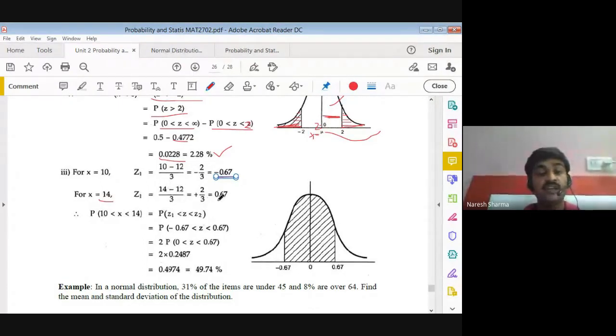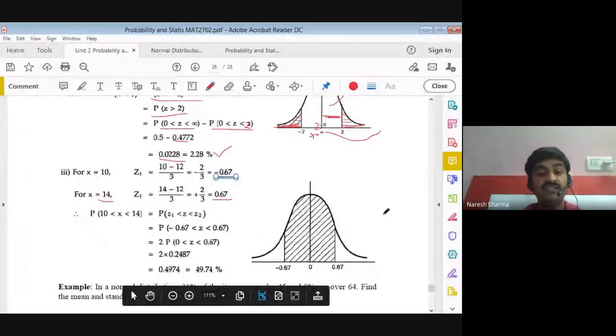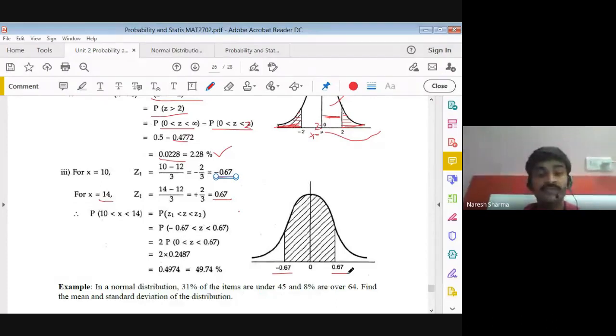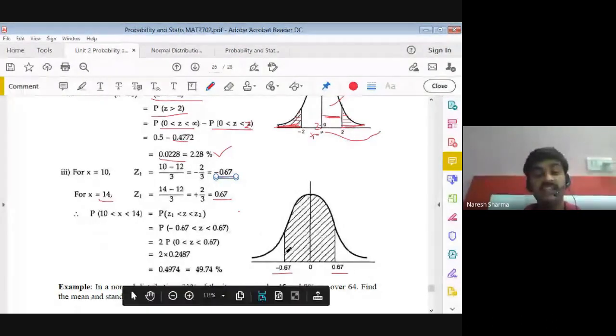Now it is 0.67. So one value is on the right side, one value is on the left side. So it is now minus 0.67 to plus 0.67. So z lies between these two. You know that the area on both sides is symmetric. So we may say minus a to a.